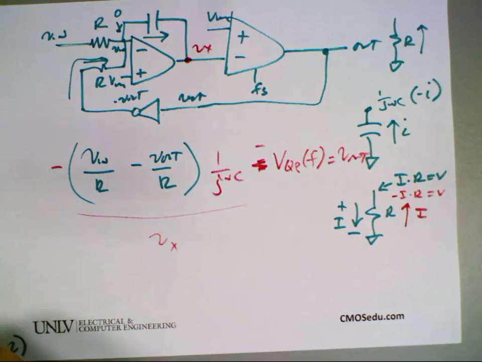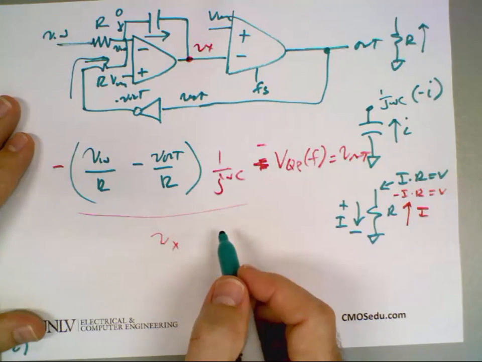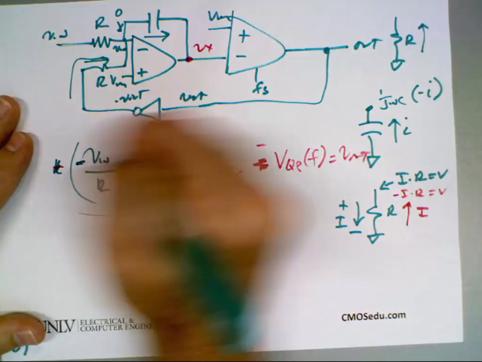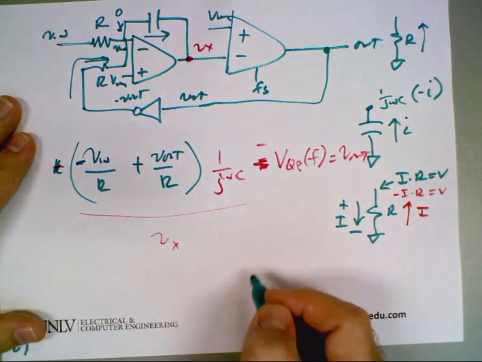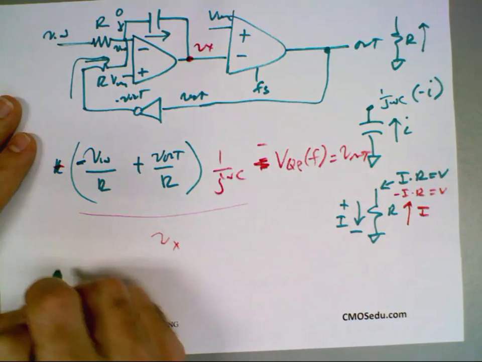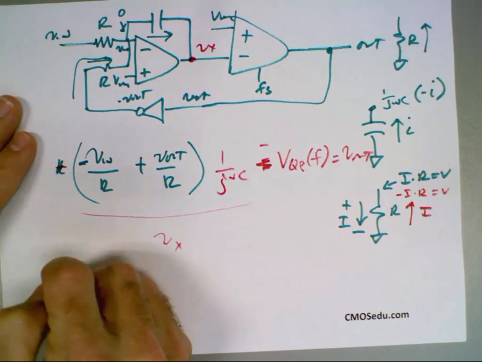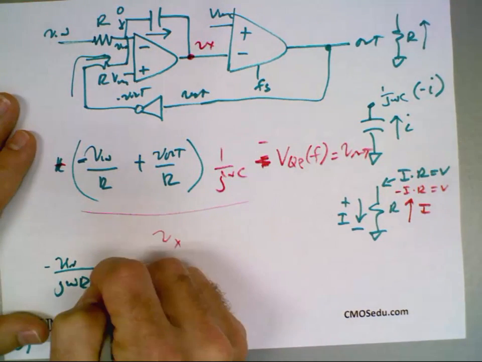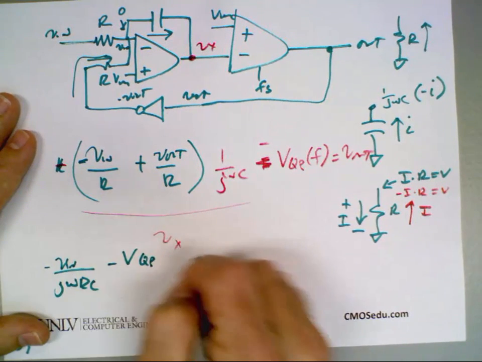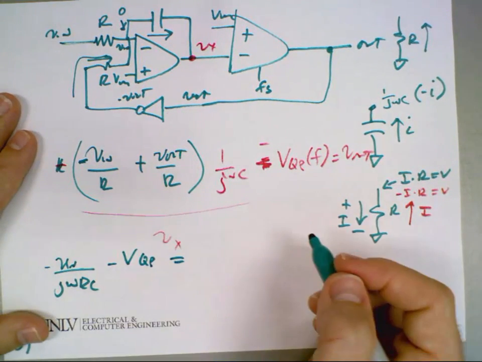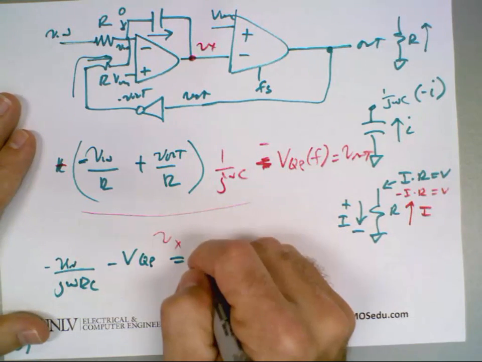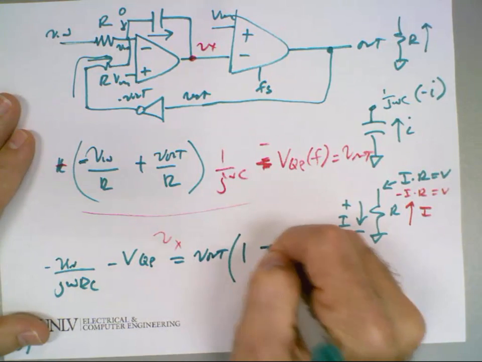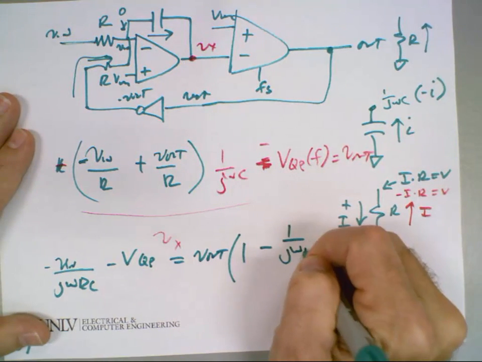Well, let's continue. We'll see what it shows. So we can rewrite this as minus plus. Then we move this to the other side, and what we have is minus Vn over j omega Rc minus VQE equals V out times 1 minus 1 over j omega Rc.